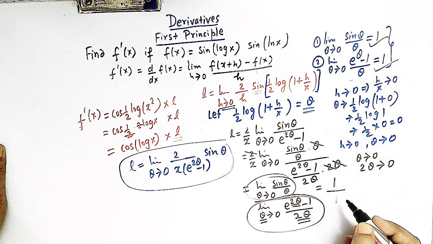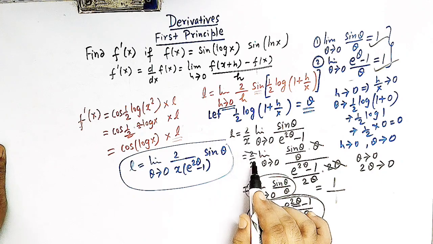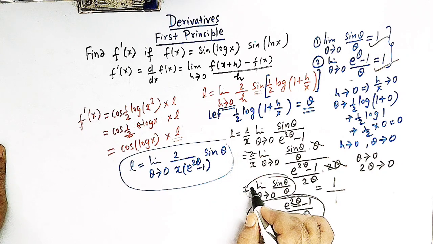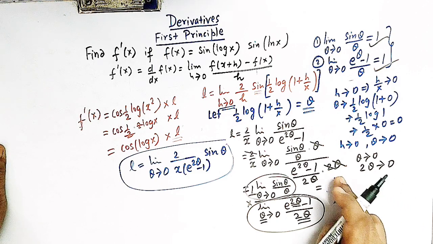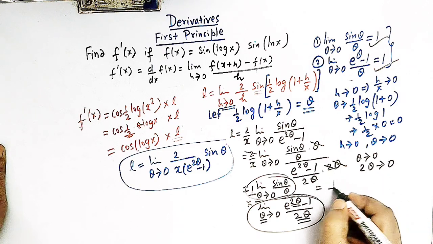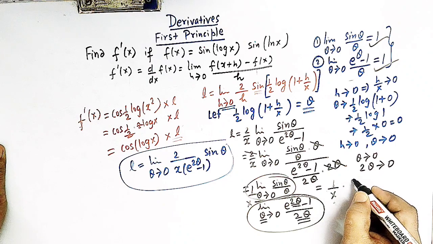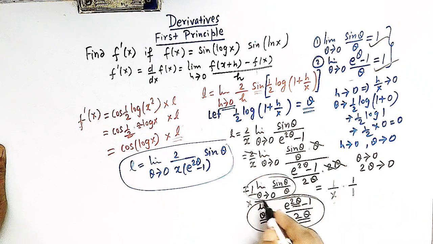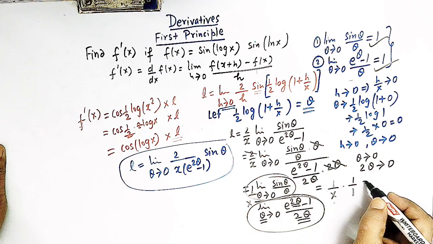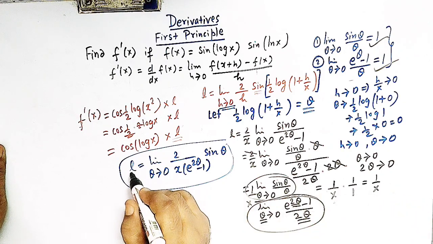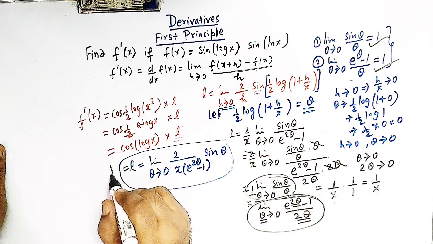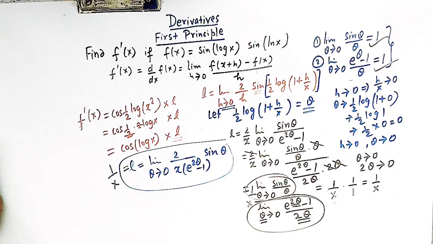So we have 1 over 1, and obviously here we have the term 1 over x. We can write it like this: 1 over x times 1 over 1, because this limit is 1 and this limit is 1, so we have 1 over x. So the value of this limit is equal to 1 over x.